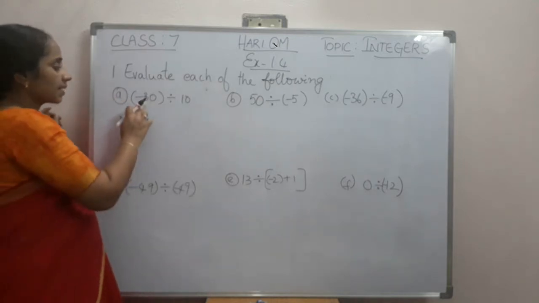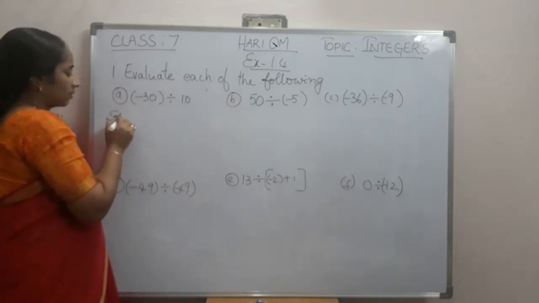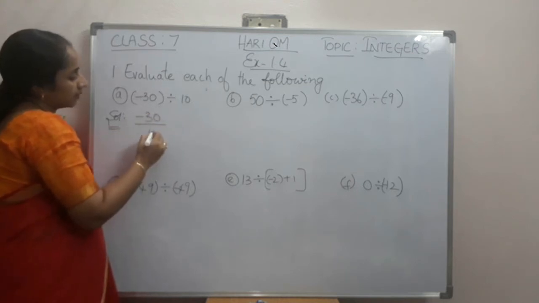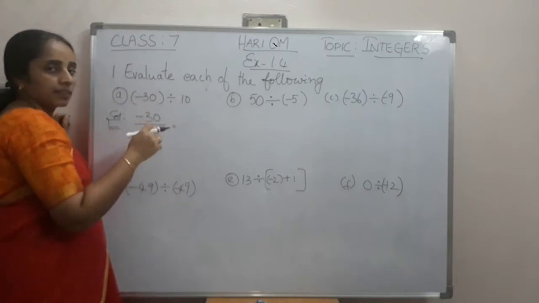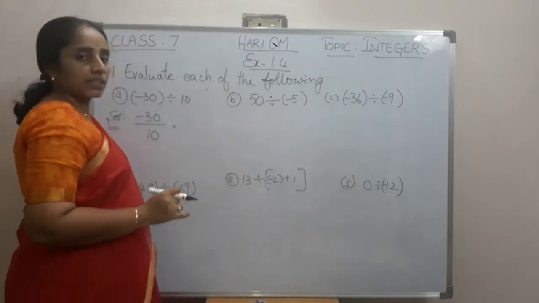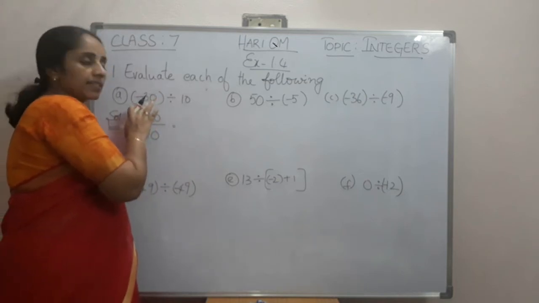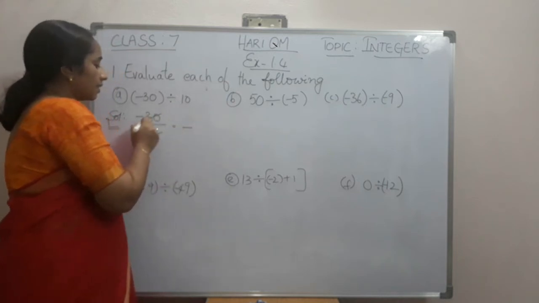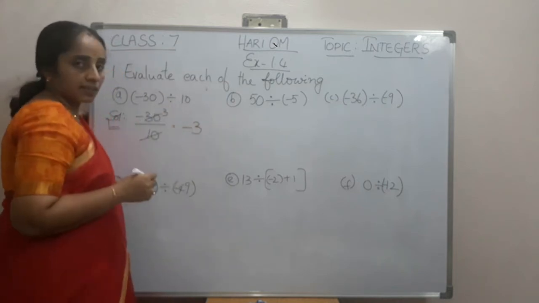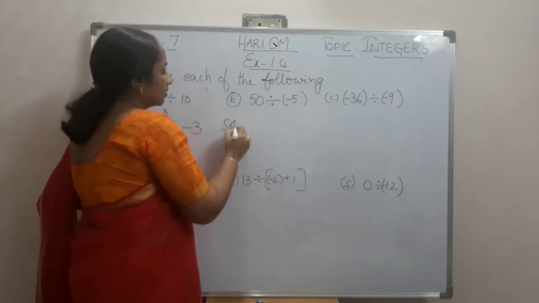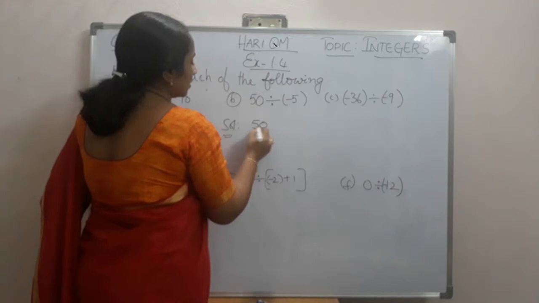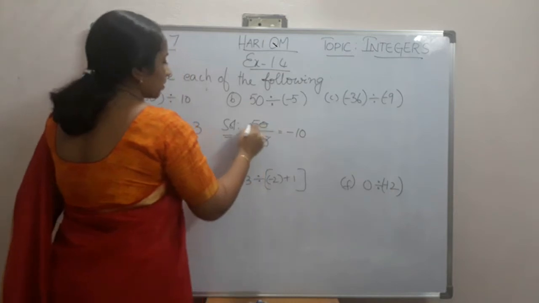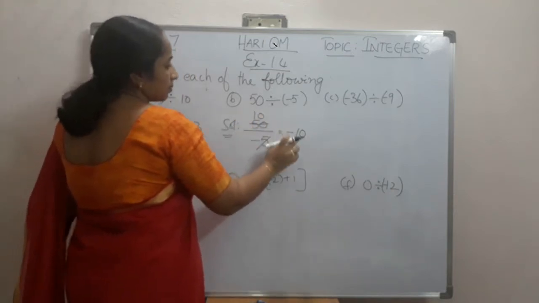Here, minus 30 divided by 10. We discussed before that minus divided by plus is minus, so 10 threes are 30, the answer is minus 3. Next, 50 by minus 5: 5 tens are 50, plus divided by minus is minus.